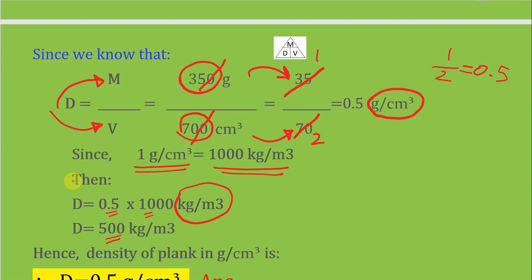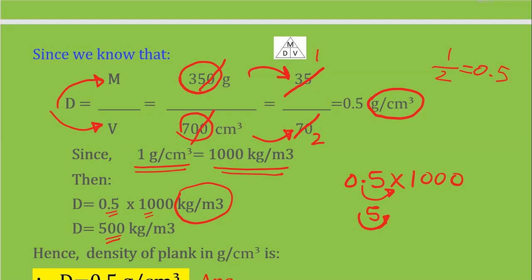Remember, if you multiply any decimal number with 1000 or 100, this decimal needs to move. So the decimal will move 3 places from left to right.